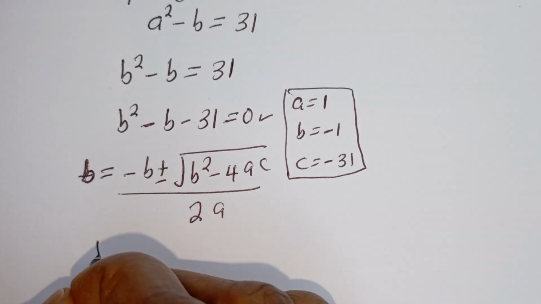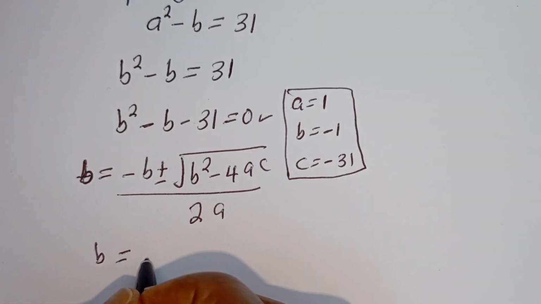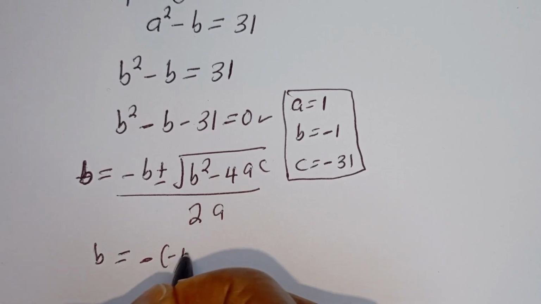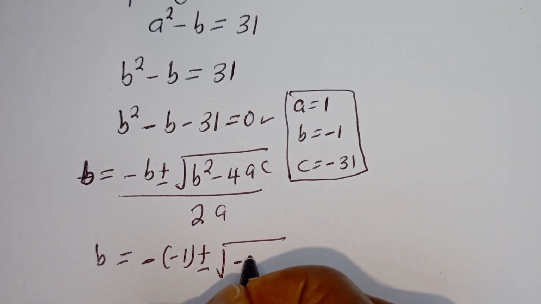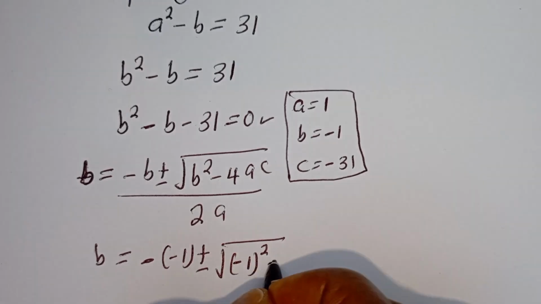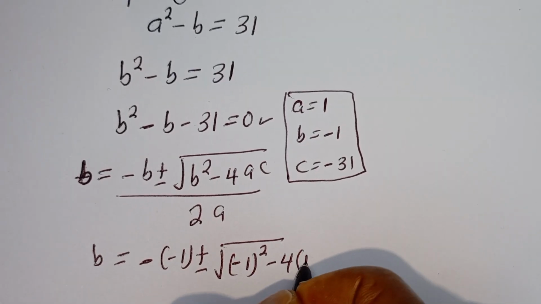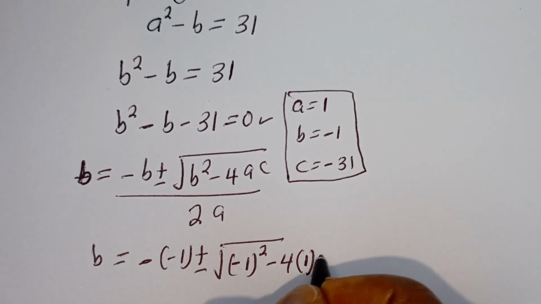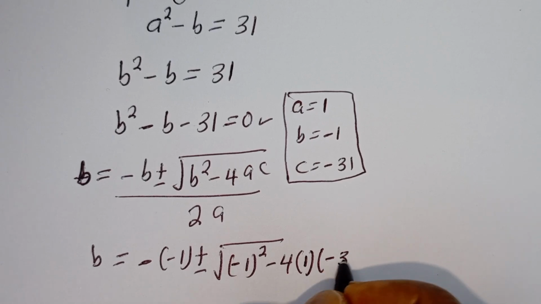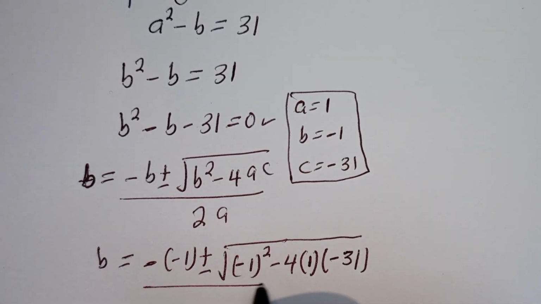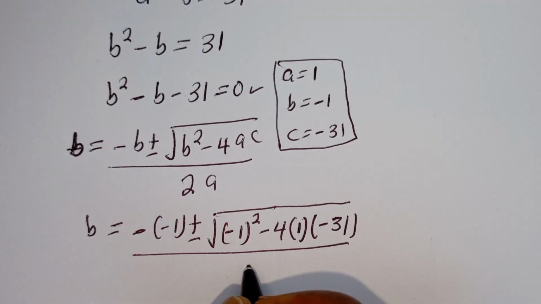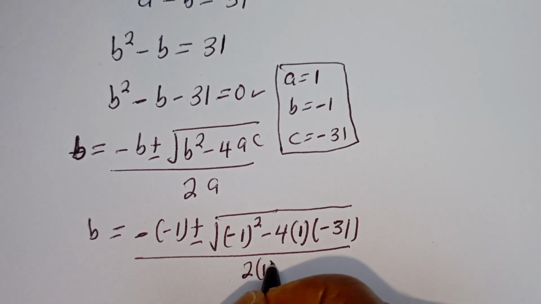Then we have b is equal to minus bracket minus 1 plus or minus square root of minus 1 square minus 4 multiplied by 1 multiplied by minus 31 over 2 multiplied by 1.